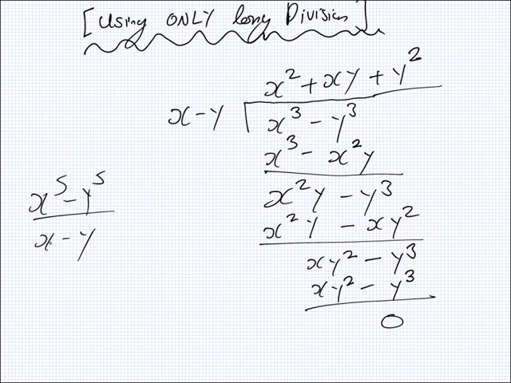I'm confident that x minus y does divide into x power 5 minus y power 5. It's just I don't know how many times it does. But I do know what type of answer I get. What will be the first piece? It'll probably start with an x power 4. And then the next piece will probably be an x cubed with a y and so on. Anyways, the point is, this is the most difficult type of long division question I could think of.